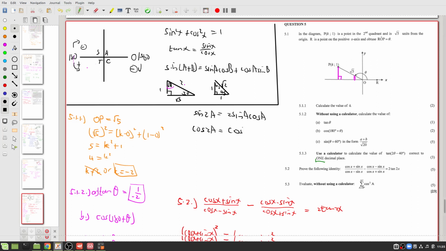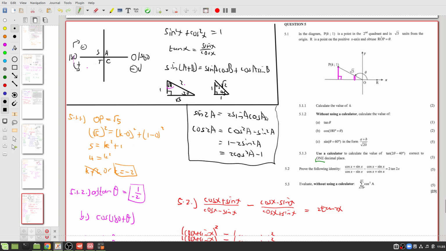One option is cos squared A minus sine squared A, which is what we have in this question. Another option is 1 minus 2 sine squared A, and another option is 2 cos squared A minus 1. So these are double angle formulas. And it's also given in the formula sheet, so you can just have a look at that.